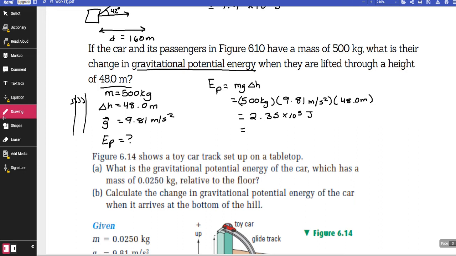But then everything should be to 1 sig fig, so this will change to 2 times 10 to the 5 joules.